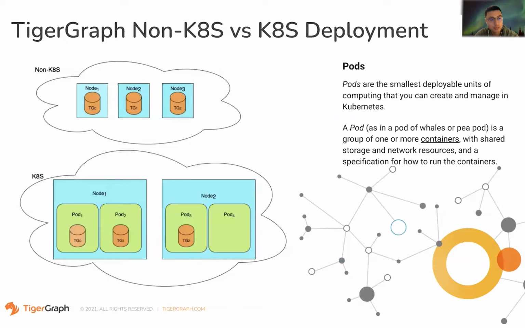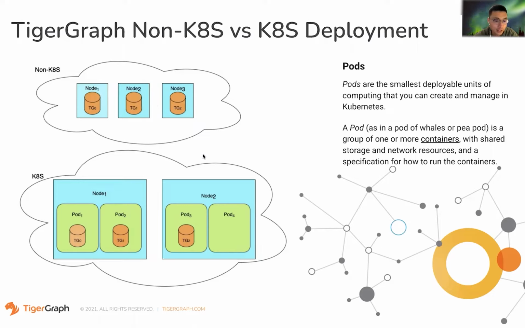Each partition contains a subset of the graph data, and they will run as a separate database instance on one of the physical nodes that we deploy to. In the figure here, you will see there are 3 nodes, and each of the nodes is running one of the database instances.